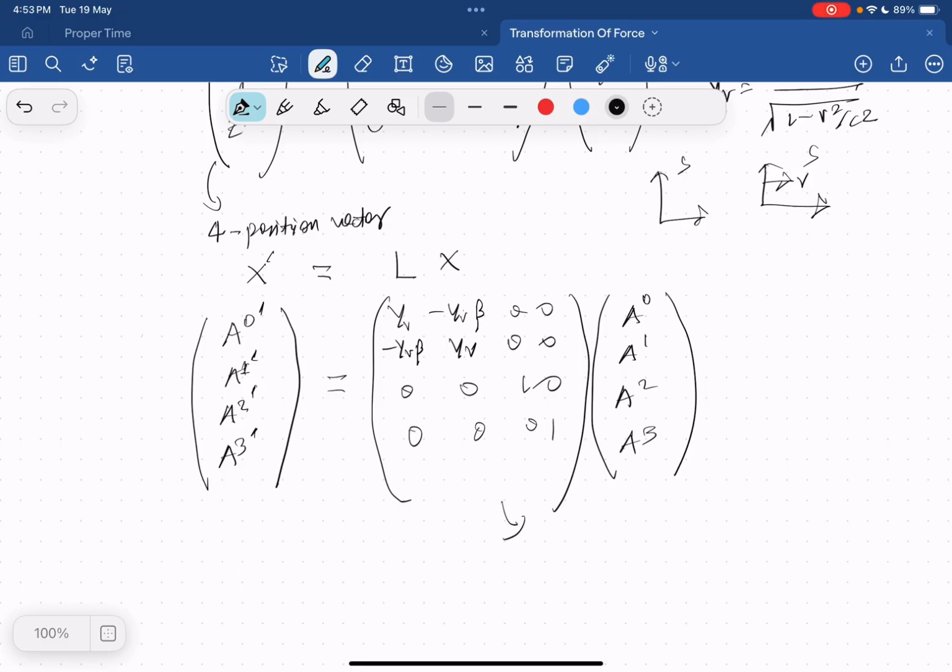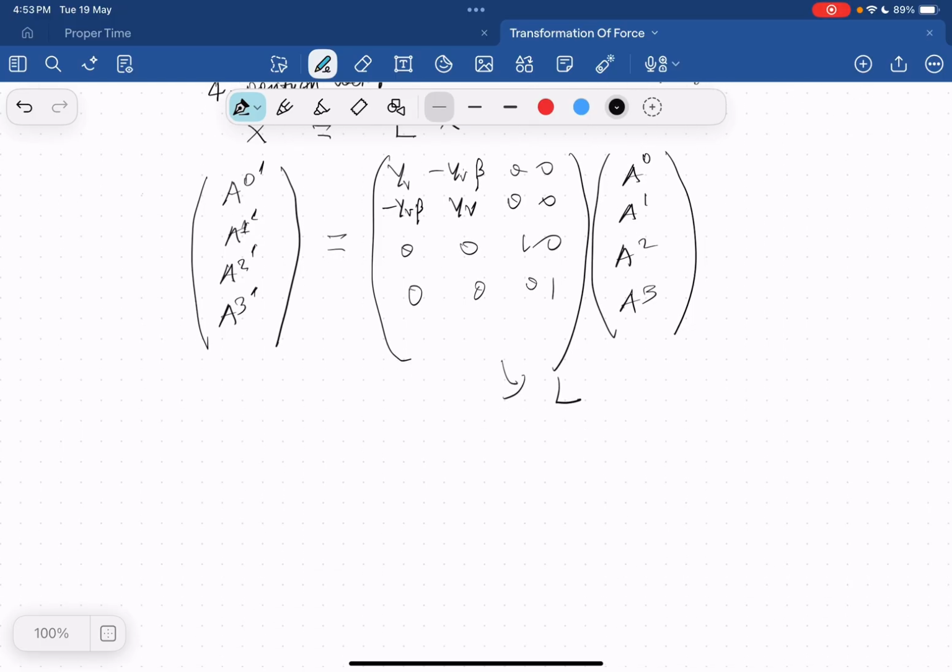So this is the same L matrix. So we can write it as A prime is equal to L A.